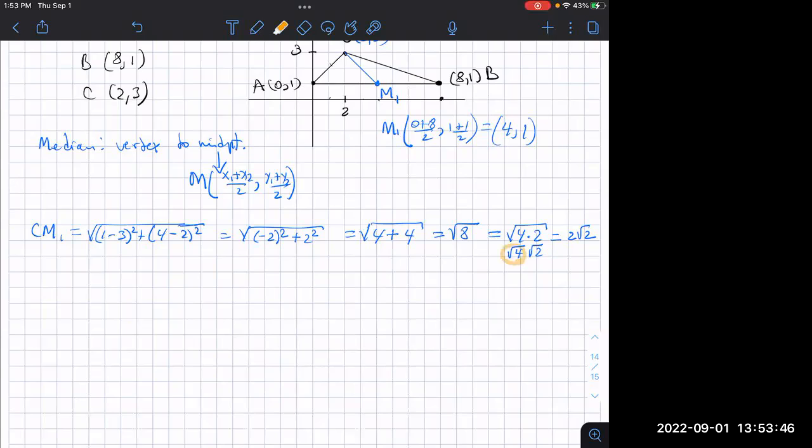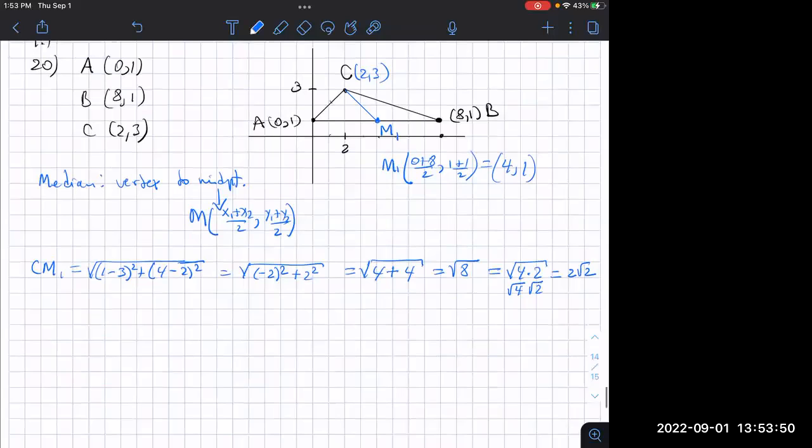The other one is not a perfect square, so it stays as square root of 2. Okay, M2. Now we're applying the midpoint formula to C and B, to find M2, the midpoint of C and B.